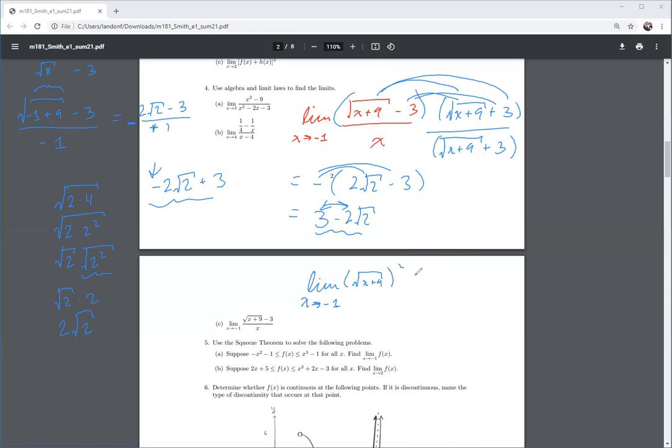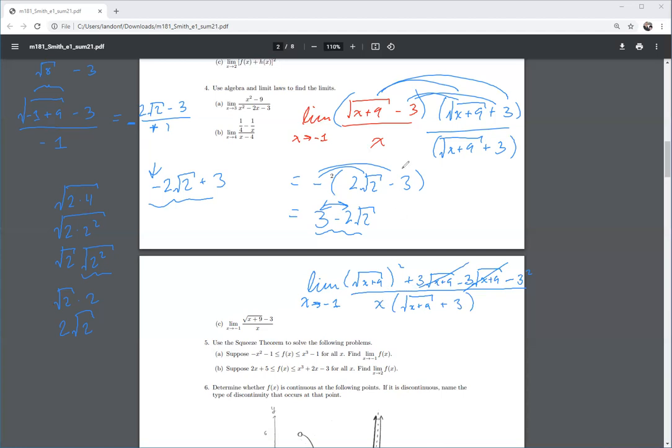And then we're going to have a plus 3 times the square root of x plus 9, and then minus 3 times the square root of x plus 9. That's quite nice. These two things will cancel. And then finally we have minus 3 squared.